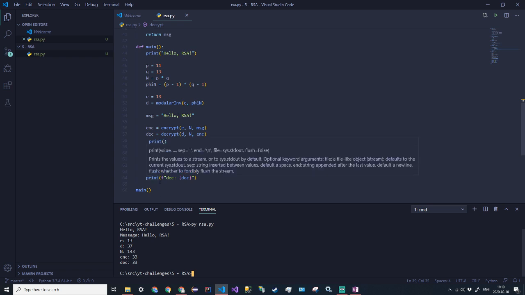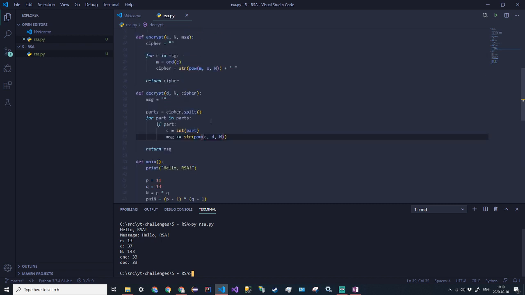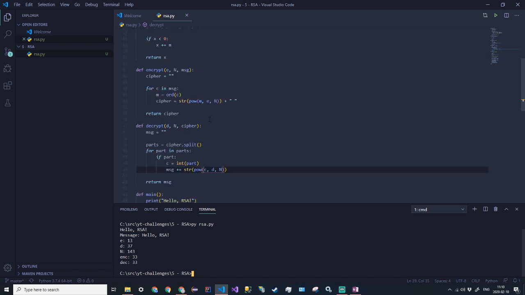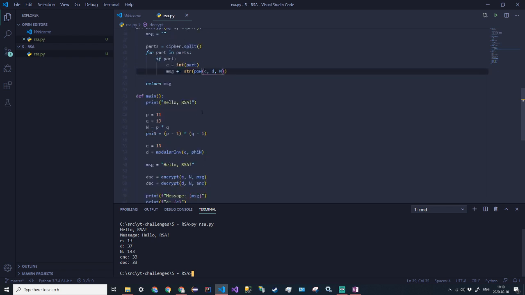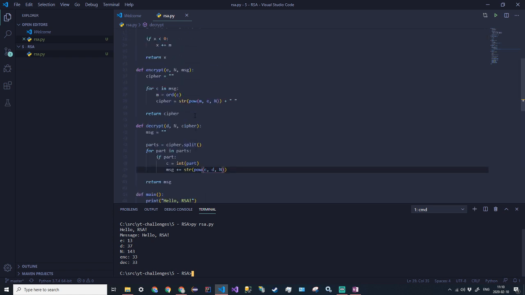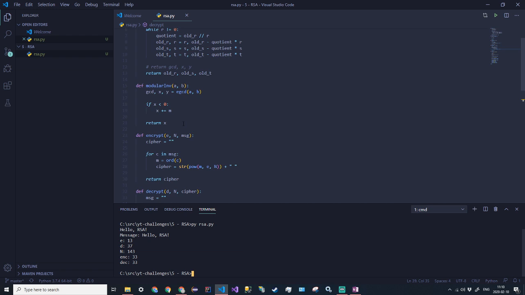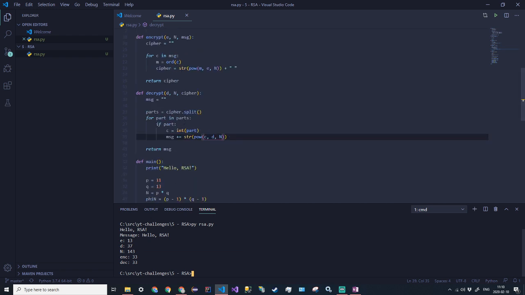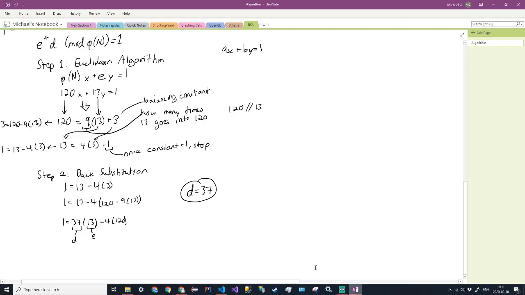Encrypted is something weird though. Why is it? This is what? What is going on? We got all the numbers right, but encrypt.